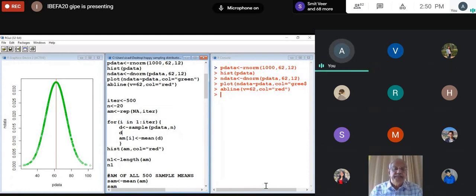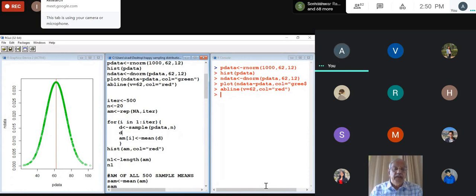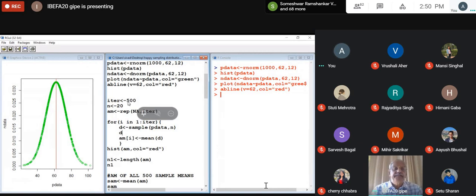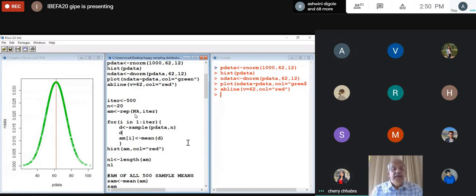Sir, I did not get what the NA stands for. Sample size 20 students from 1000 students. But sir, you have written NA, whereas the variable assigned is just N, lowercase and uppercase. Already I have given 20. N is 20.